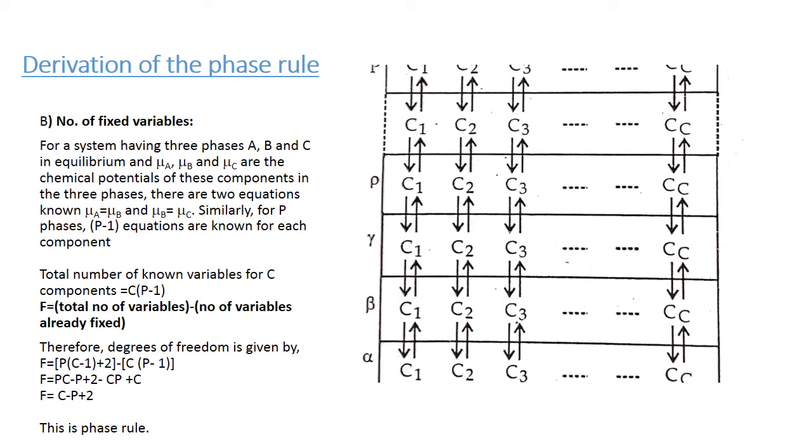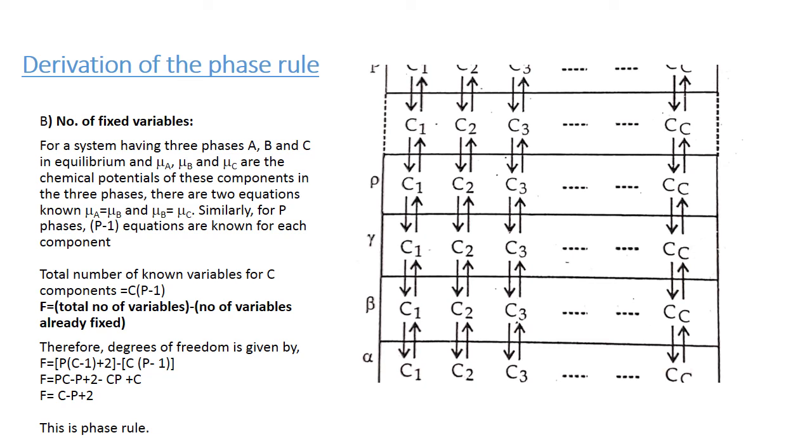Therefore the degrees of freedom F is equal to P into C minus 1 plus 2, that is the total number of variables, minus C into P minus 1, that is the number of variables already fixed. P is multiplied in this bracket and C is multiplied in this bracket, and PC minus PC cancel out. C is the positive term, so we write it first: C minus P plus 2.